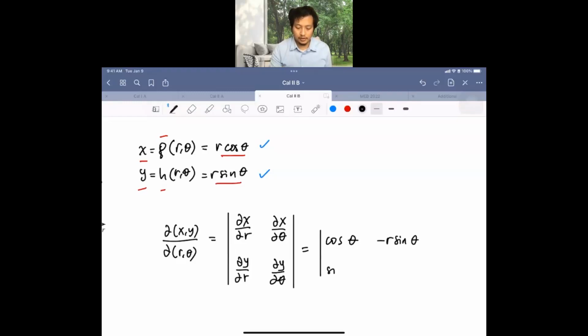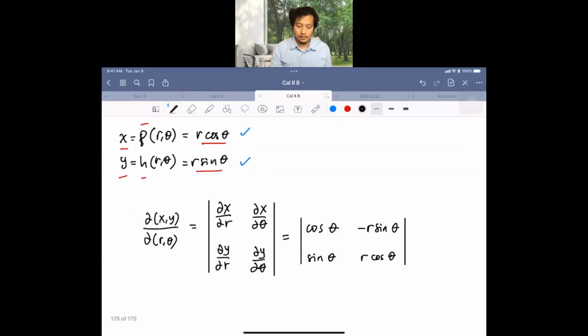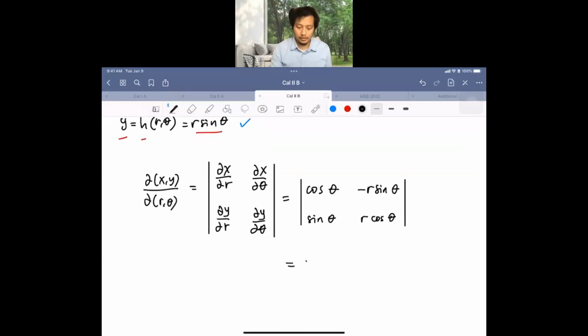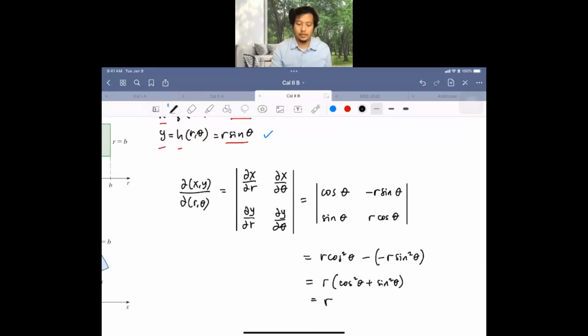Similarly, here is sine theta, and this will be r cosine theta. We take this calculation and cross multiply: r cos squared theta minus negative r sine squared theta, so we just add these two. So r times cos squared theta plus sine squared theta, and this is just r.